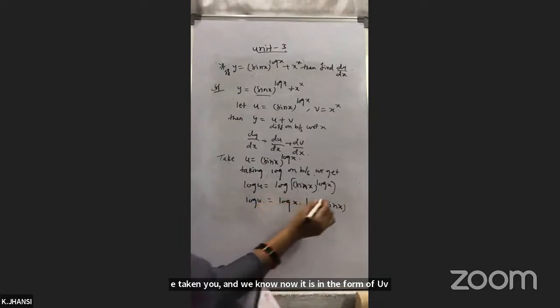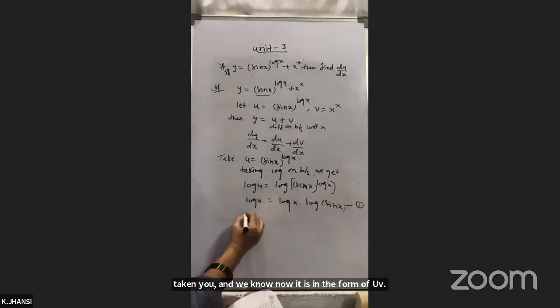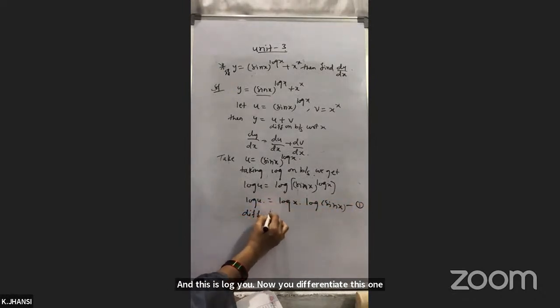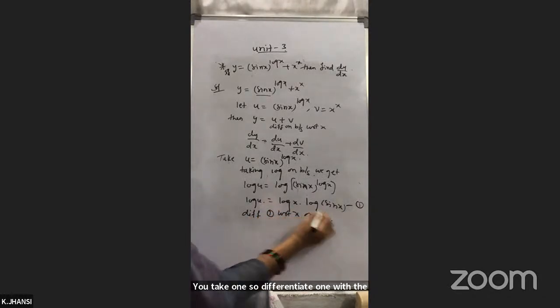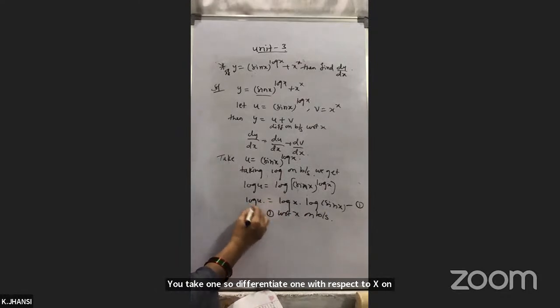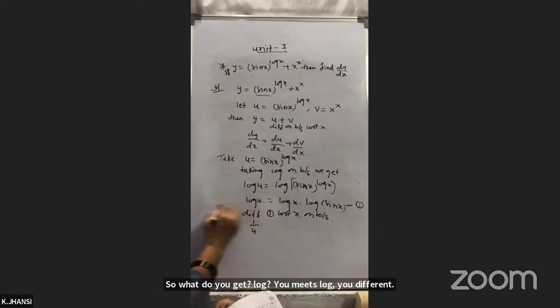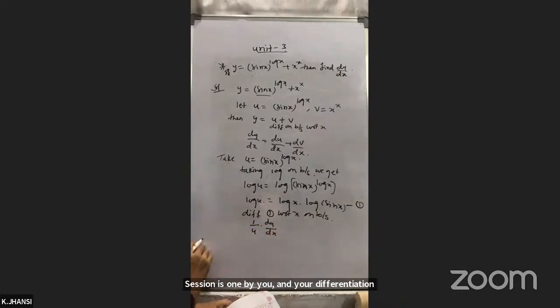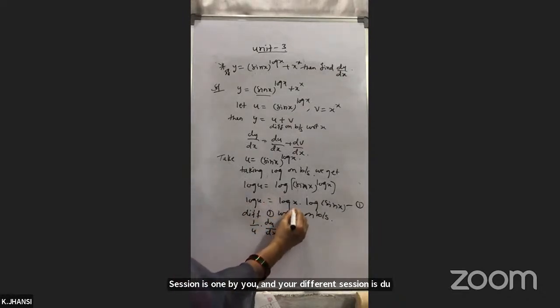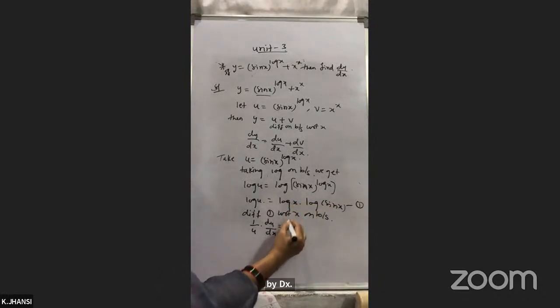Now you differentiate this one with respect to x on both sides. So what will you get? Log u differentiation is 1 by u, and u differentiation is du by dx. It equals, this is u and this is v, so you take this as constant.